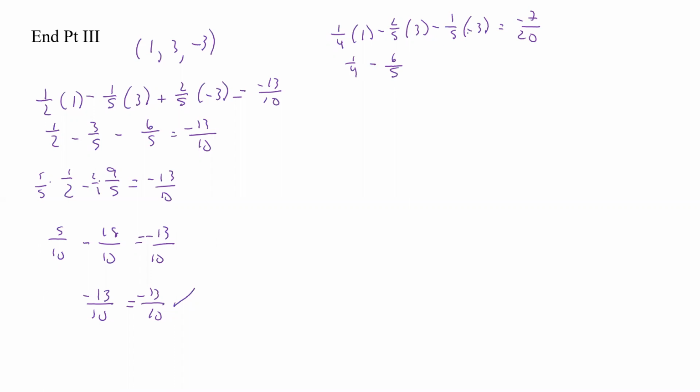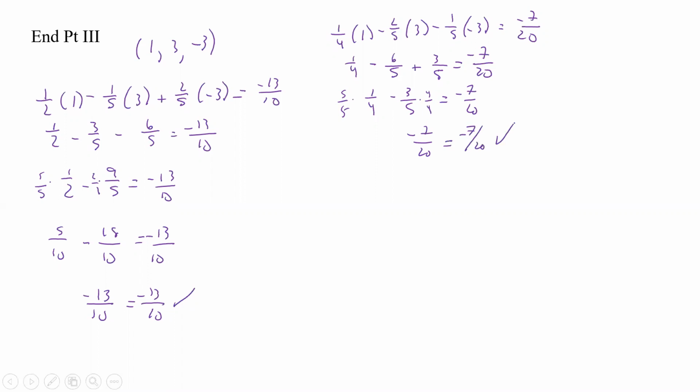And then this is going to be plus 3 over 5, and that's minus 7 over 20. All right, so that's going to give me 1 over 4, and then minus 6 plus 3 is minus 3 over 5 equals minus 7 over 20. So multiply that one by 4 over 4, that one by 5 over 5. So I have 5 minus 12 is minus 7 over 20 equals minus 7 over 20.